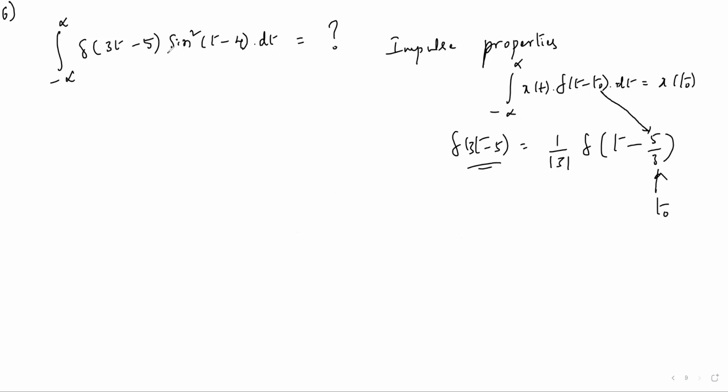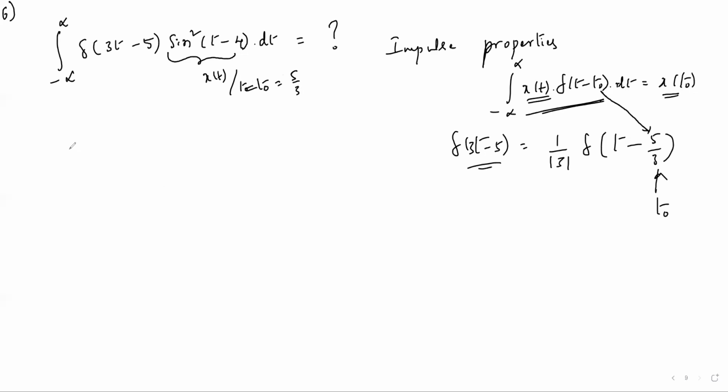And sine square t minus 4 is the given signal x of t. The integration equals x of t naught, that is, x of t with t equal to t naught, which is 5 by 3.